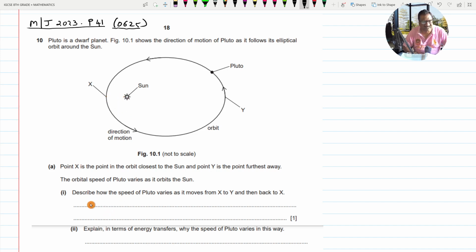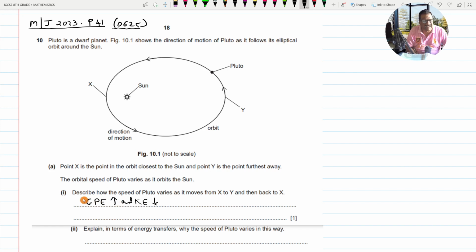So when the distance is less, the gravitational potential energy will be less... the gravitational potential energy will be more, isn't it? And because the gravitational potential energy is more, the kinetic energy will be less.